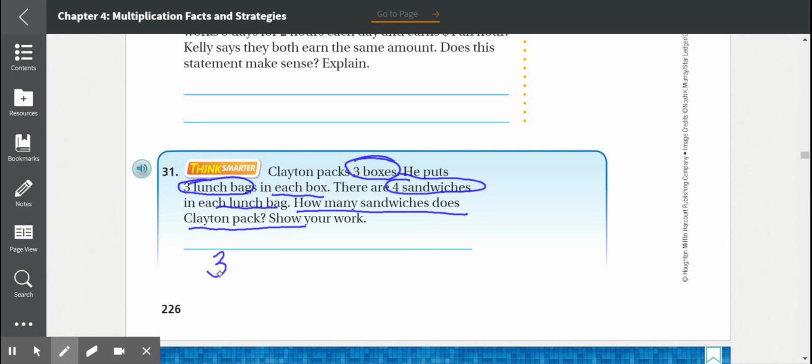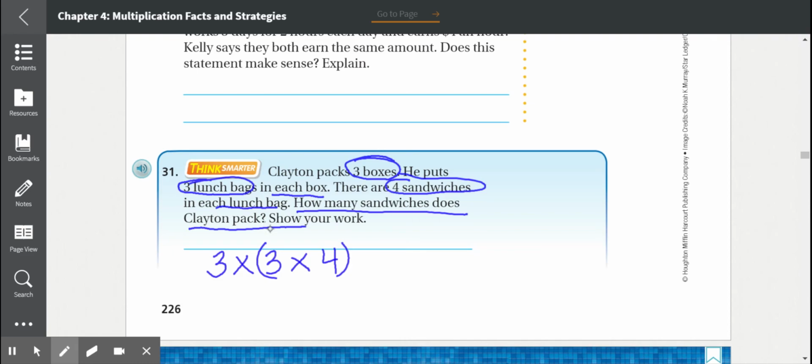So that's going to be our 3 groups, right? The boxes, 3 boxes, and he puts 3 lunch bags in each. So we know that's times 3. And then he puts 4 sandwiches in each bag. So then that's times 4. How many sandwiches does Clayton pack? So this is what our problem looks like because there are 3 boxes.